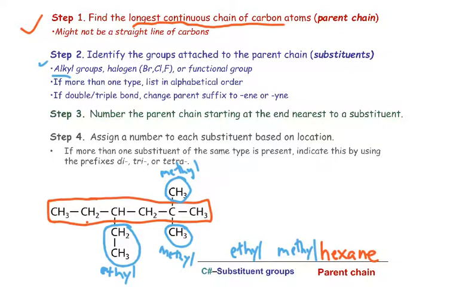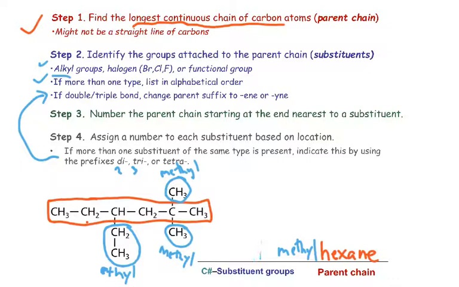Another thing is this rule should probably be moved up here, actually, in step 4. So if there's more than one substituent of the same type, we need to indicate this by using the prefix di, tri, or tetra. Di means 2, tri means 3, tetra means 4. We do have 2 methyl groups.